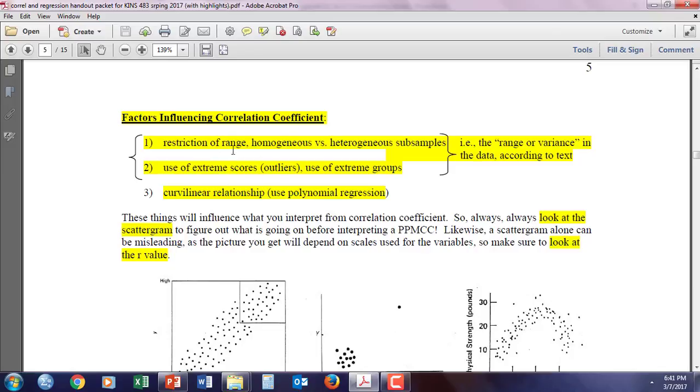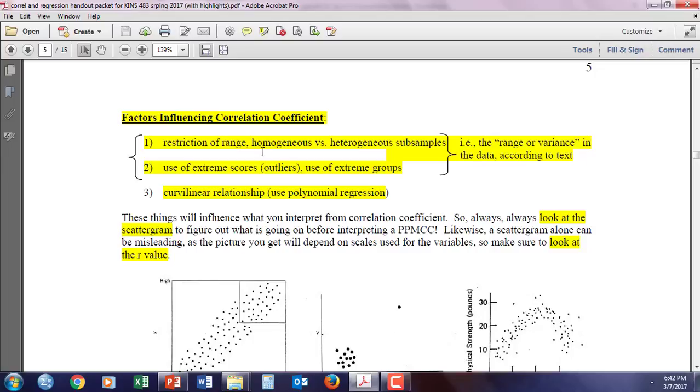When we restrict the range, when we have a group that is very similar on a given parameter, when we have extreme scores or not extreme scores, this is one of the major factors that can influence the Pearson R. General rule, the more you restrict the range or the variance in the score, the less deviation, the more homogeneous, the more you exclude extreme scores, the lower the correlation is going to be.